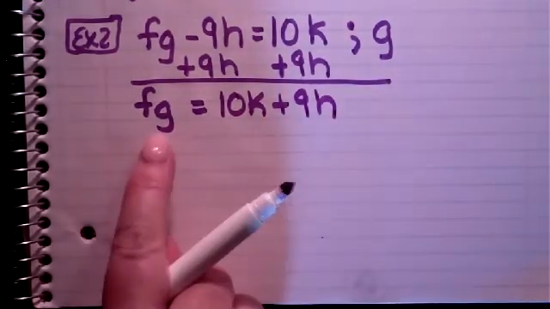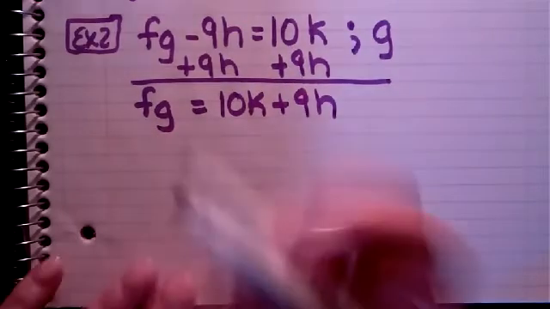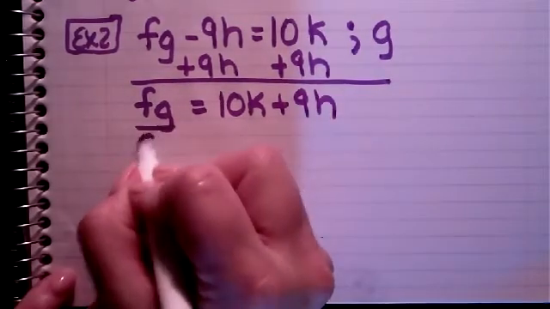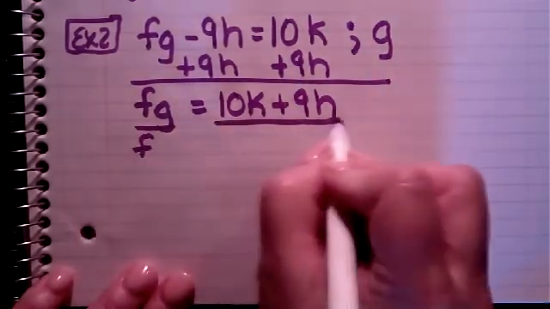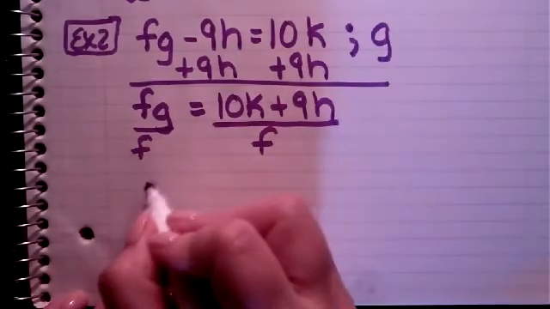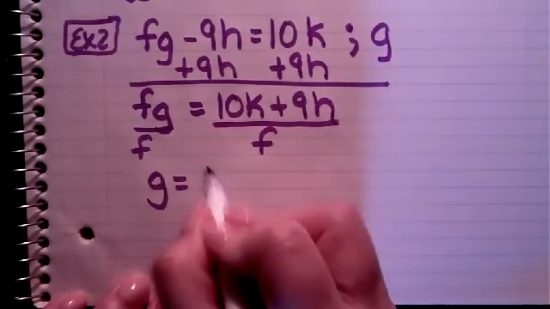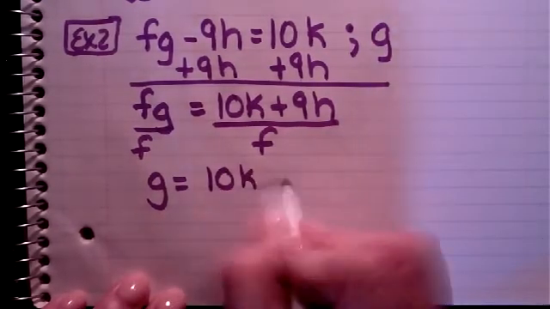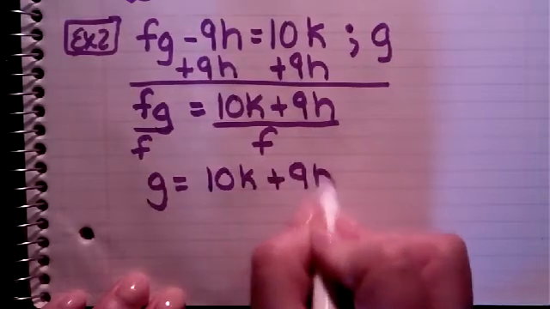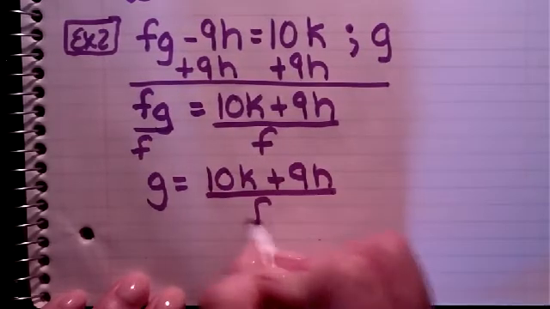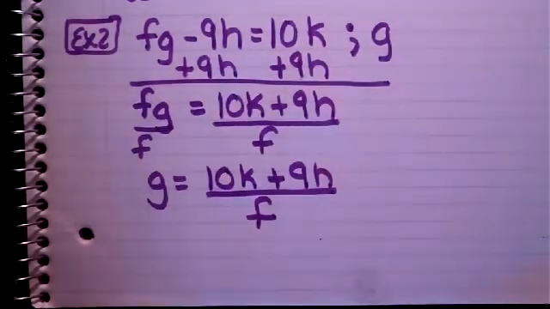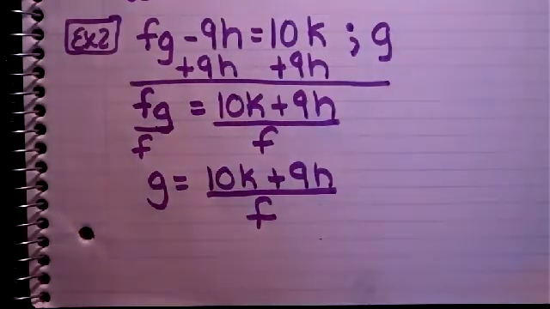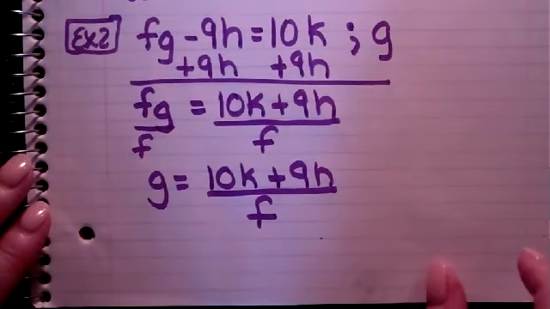Now again, I'm isolating G, so I'm going to divide both sides by F. So G is going to equal 10K plus 9H divided by F. Pause and make sure you've got everything copied down correctly, and then we'll go to example 3.